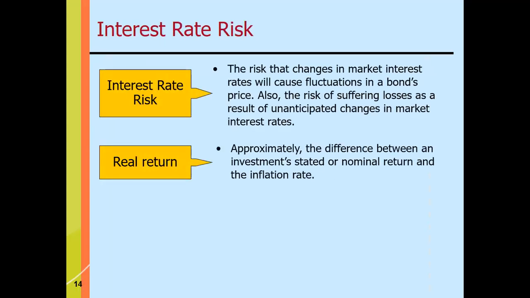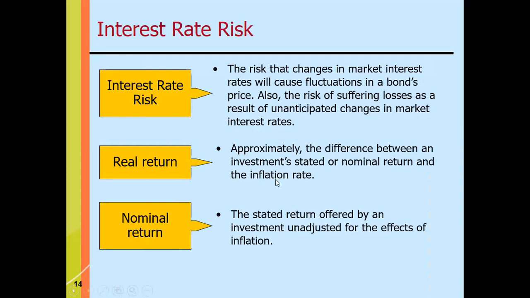Then interest rate risk, another term, is the risk of changes in market rates causing fluctuations in a bond's price, and also losses as a result of anticipated or unexpected changes in market interest rates. So this would be the interest rate risk.